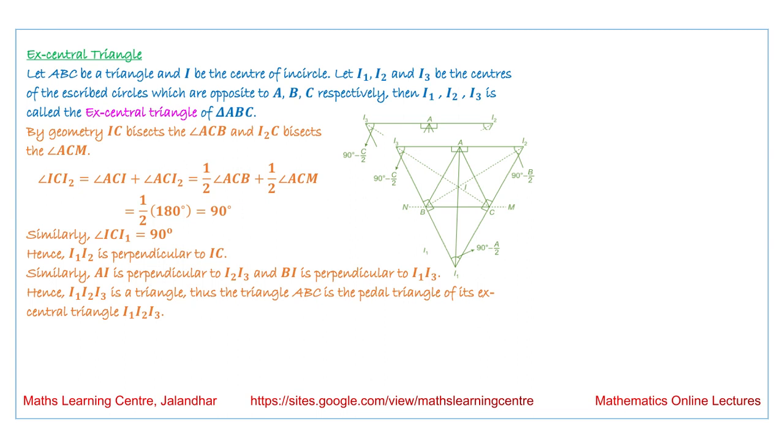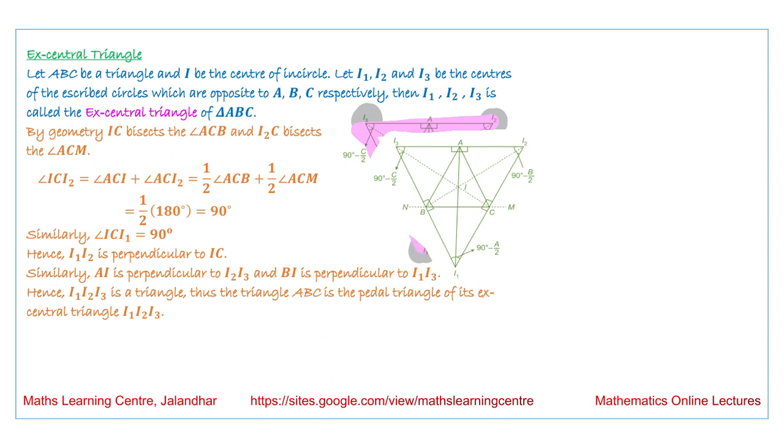So we are talking about a triangle ABC, and if we say this I is the incenter, and this I1, I2, I3 are the excenters, and we draw a triangle, I1, I2, I3. This is the triangle we have drawn over here.